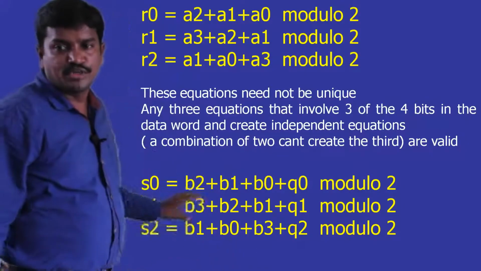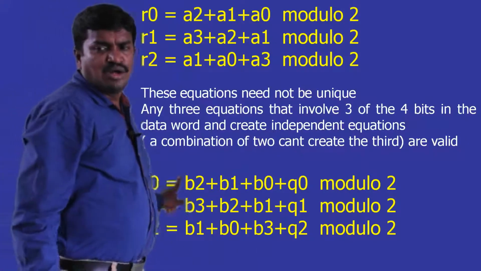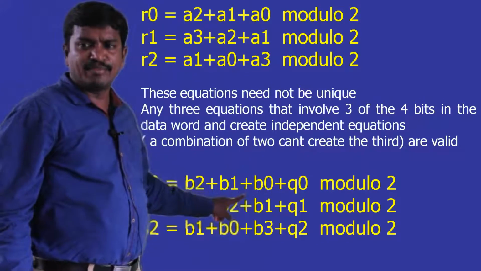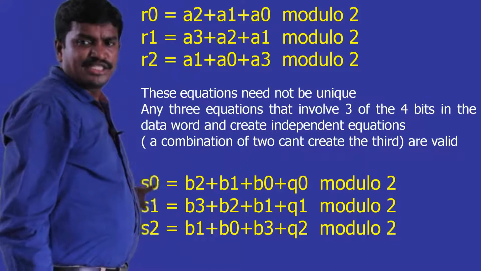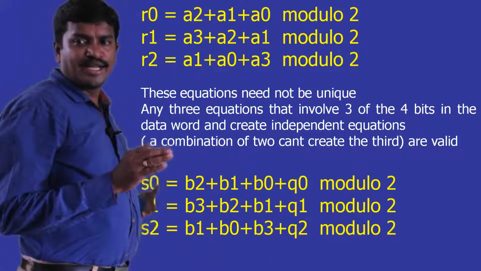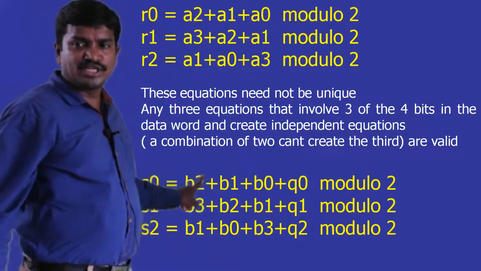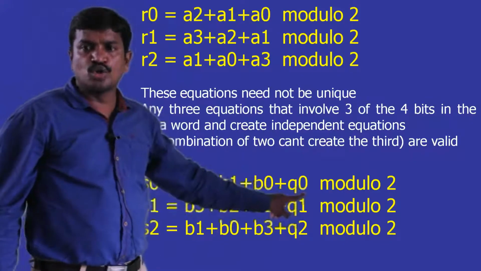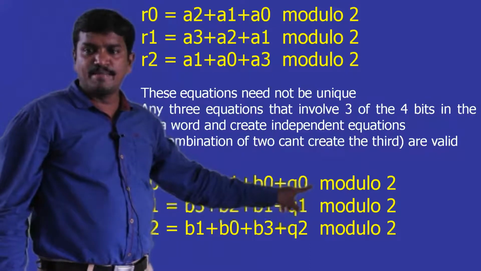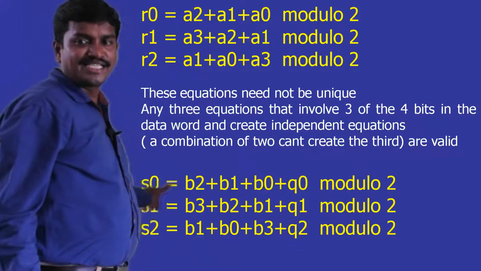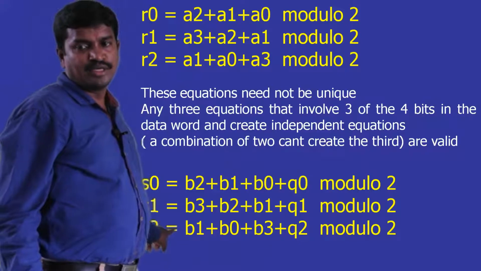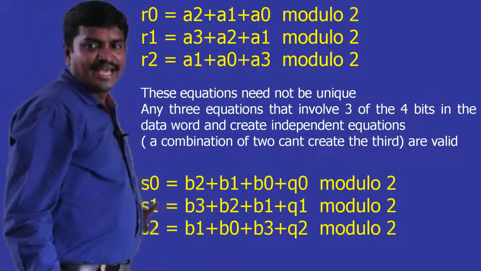If you observe this equation for S0, S1, S2, which field of the right hand side expression is capable of making S0 1 and the remaining two 0? Here you got Q naught. Q naught is the only one having an impact on the S0 bit, and its impact is not there on S1 and S2.